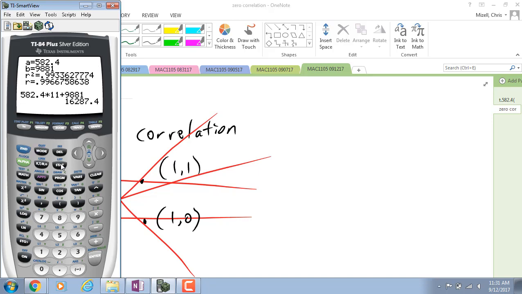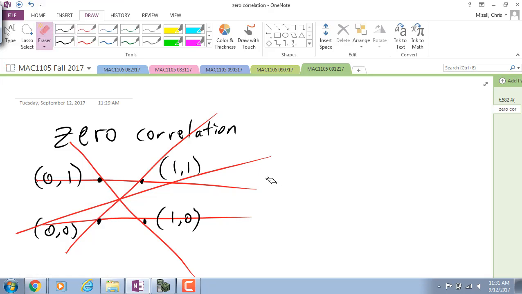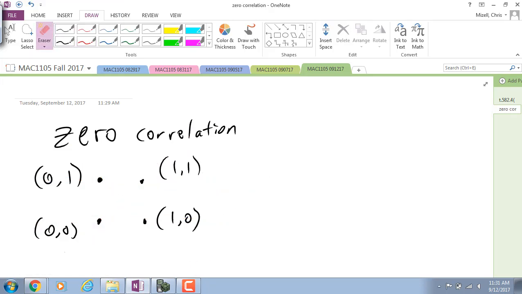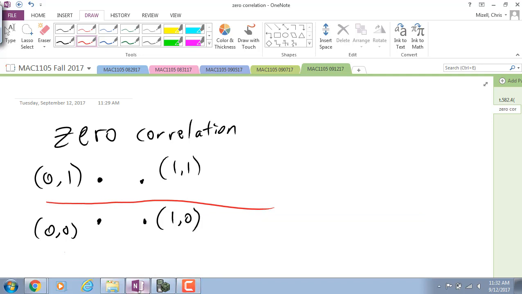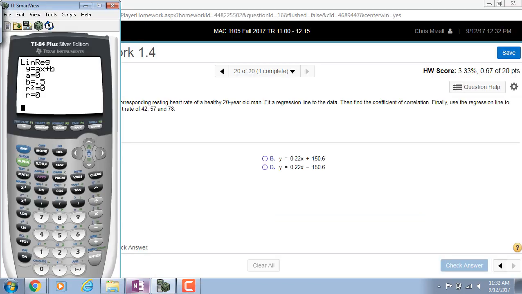Second, quit, stat, calc, 4, enter. It suggests that we draw the straight line with slope 0 and y-intercept 0.5. So it actually goes with none of these; it suggests we draw this straight line that comes as close as possible to as many of these points as possible, but it characterizes this as zero correlation. The correlation coefficient is 0 in that case.